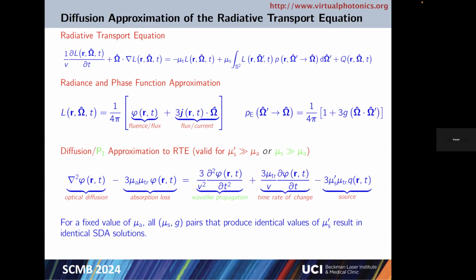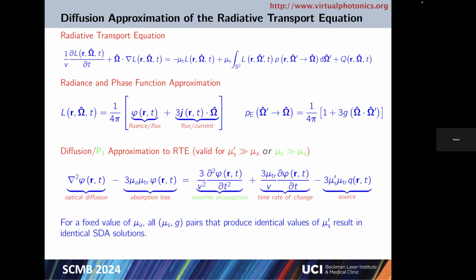And then you also get a wave-like propagation term, which appears in the P1 approximation, which those of you who are familiar with light transport have probably heard that term. In the standard diffusion approximation, we get rid of this wave-like propagation, so that in the case where mu(s) prime is much larger than mu(a), this term is smaller.